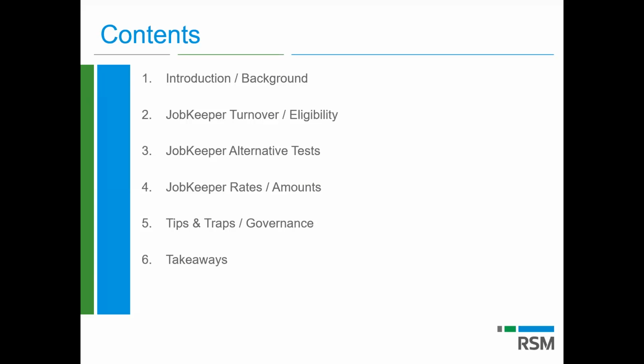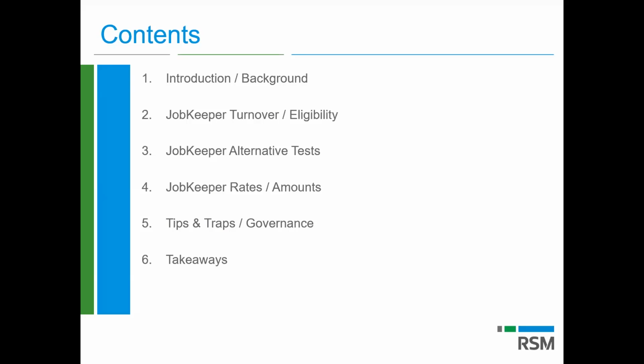On with the session. What we intend to cover today, there's quite a lot in terms of content. We'll provide a very brief wrap up of JobKeeper 1.0 and where we are today with JobKeeper 2.0. We'll look at how you calculate your GST turnover and determine an employer's eligibility under the basic decline in turnover test.